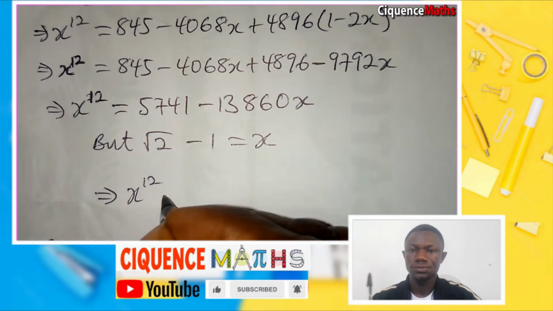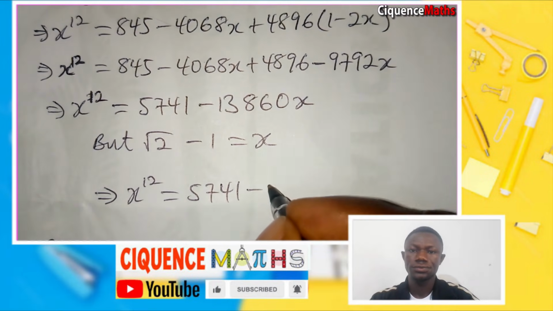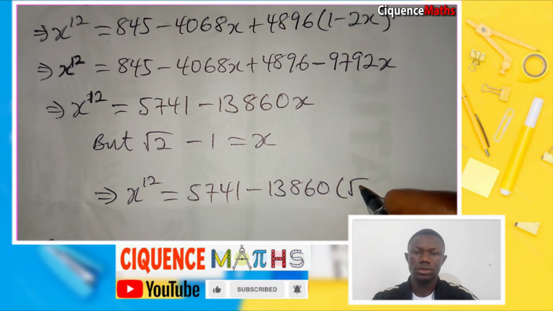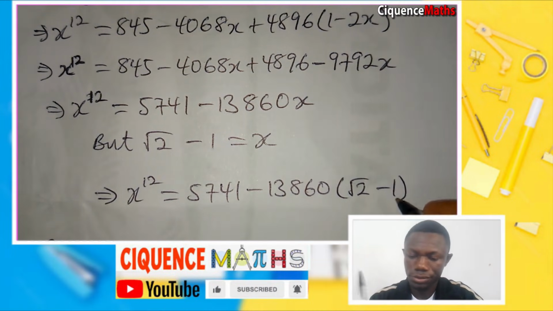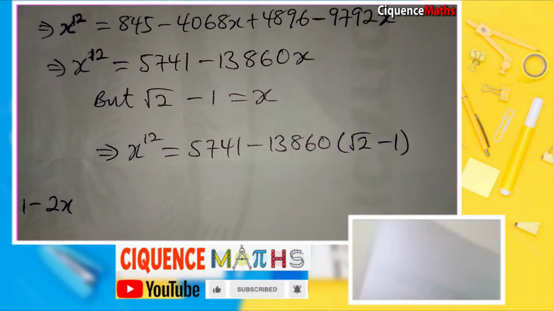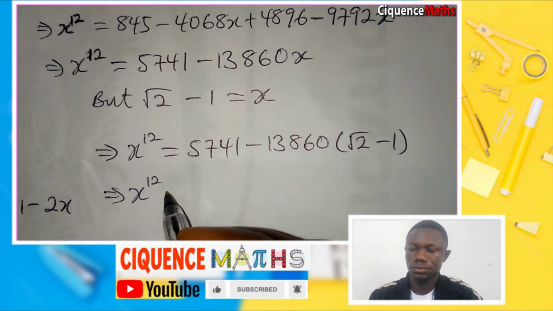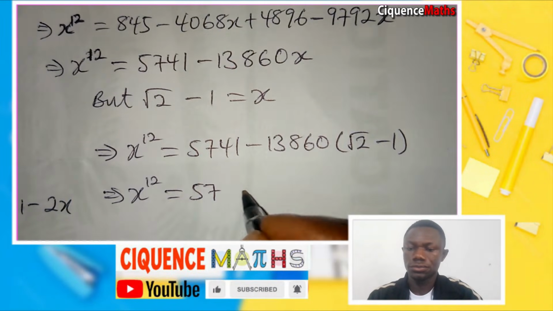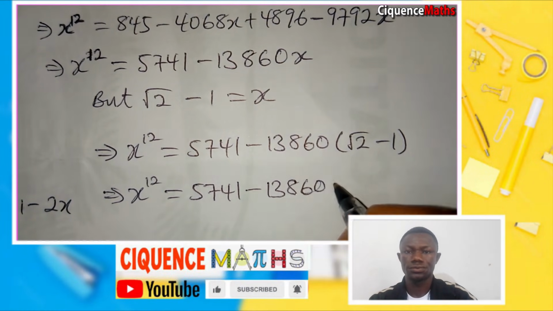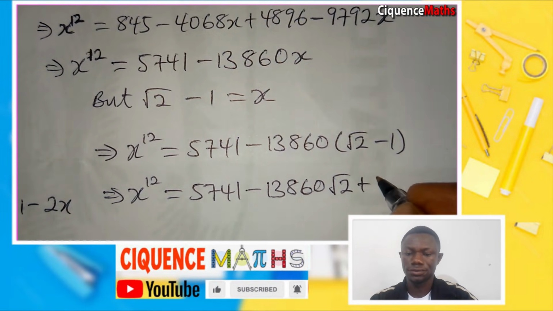So the value for x exponent 12 gives us 5741 minus 13,860 times (root 2 minus 1). Okay, so we have x exponent 12 equal to 5741 minus 13,860 root 2 plus 13,860.